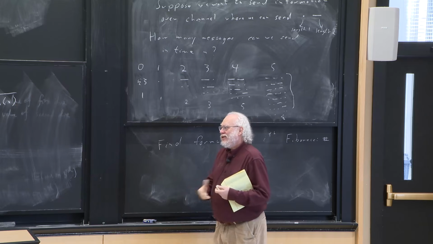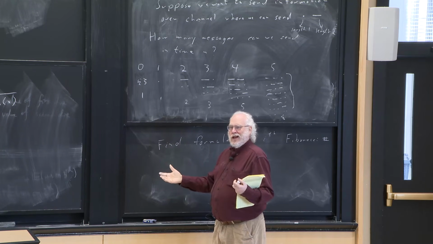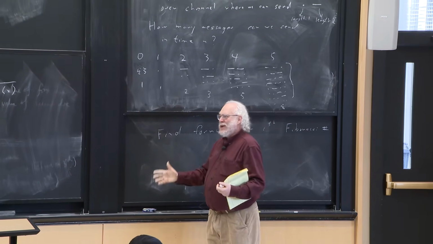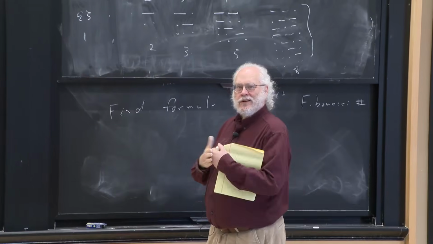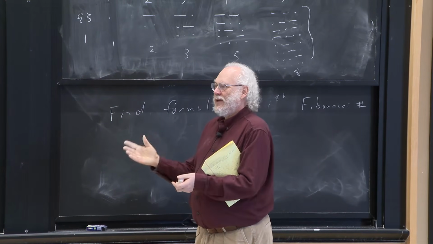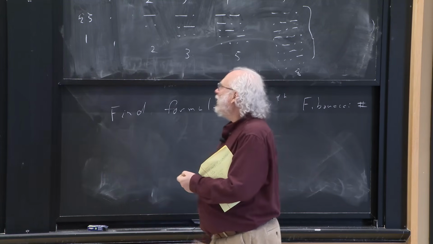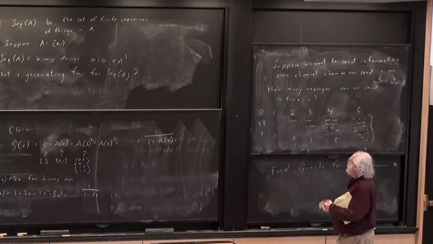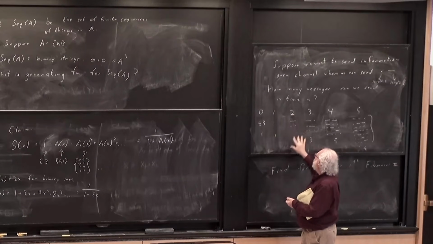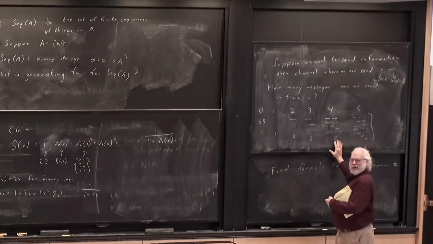Since then, Wikipedia has installed itself as the default arbiter of definitions, etc. And today, Wikipedia says f0 equals 0, f1 equals 1, f2 equals 1, f3 equals 2, and everything is shifted by 1.